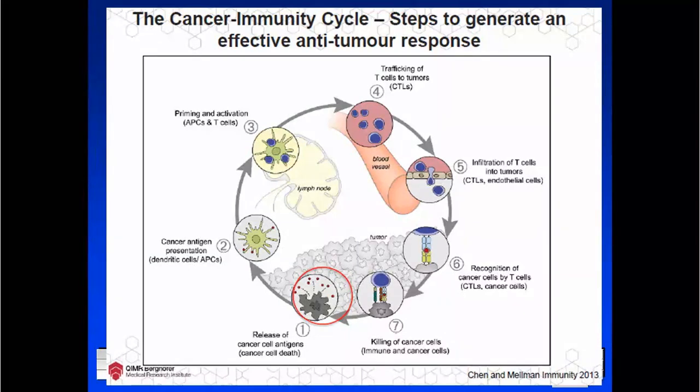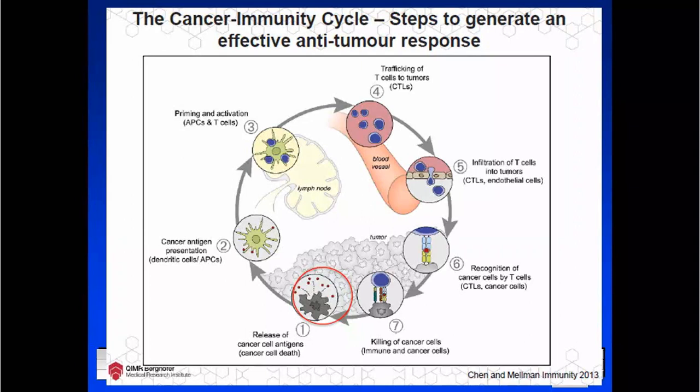So the first step is release of the antigen. Second step, the cancer antigen is captured by the antigen presenting cells. Third step, the antigen presenting cell primes the T cell, mainly the cytotoxic T lymphocyte, which migrates via the bloodstream and lymph node and infiltrates the tumor in the fifth step.